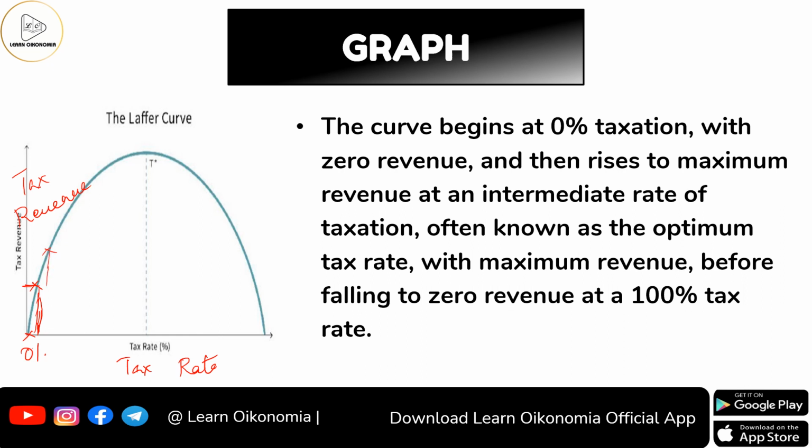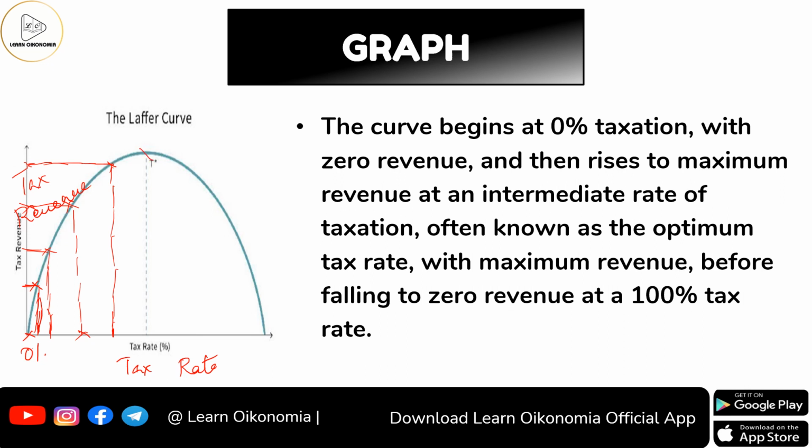Let's take this point. At this point, the tax rate would be this much and the tax revenue would be this much. What about this point? Again, at this point, the tax rate would be this much and the tax revenue would be something here. Again, what about this point? At this point, the tax rate would be here and the revenue which is generated out of this is here.